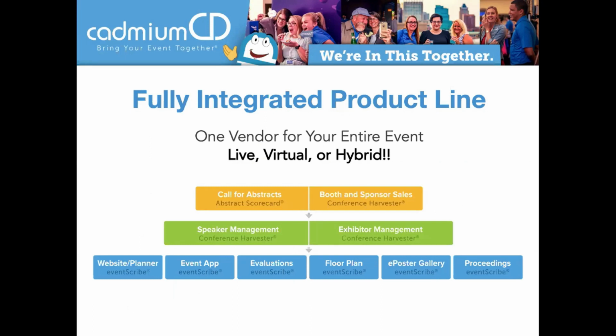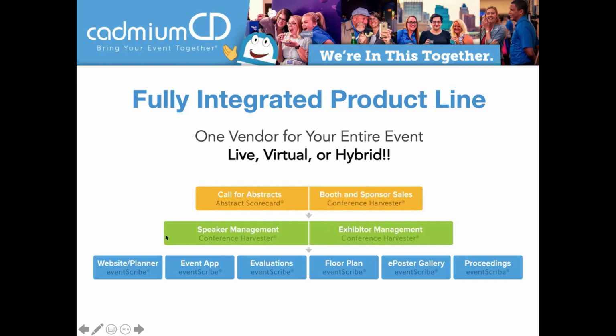And so with the conference platform that we have, the modules that work best for your live meetings or virtual meetings would include our speaker management module called the Harvester. If you have an exhibit component, you'd want the Exhibit Harvester.